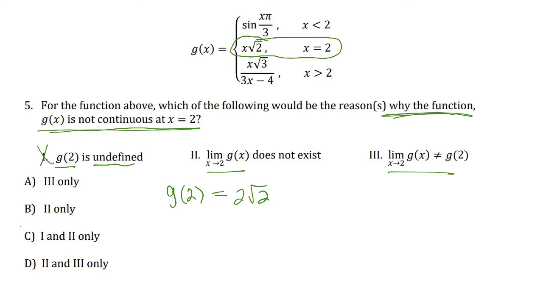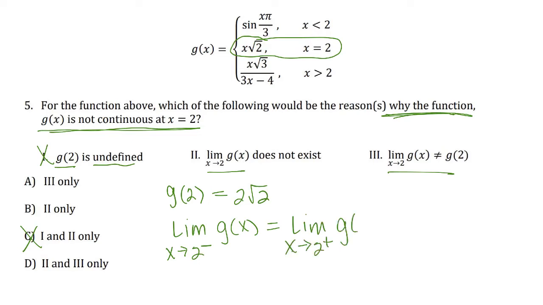That's a false statement. All right, now let's look at the second one, this limit. So we have to look at the limit as x approaches 2 from the left of the function, and we need to compare that as x approaches 2 from the right of the function. So we have to compare those two.